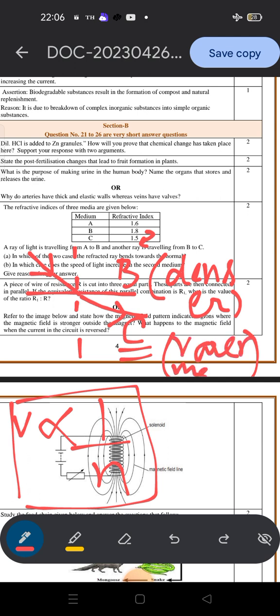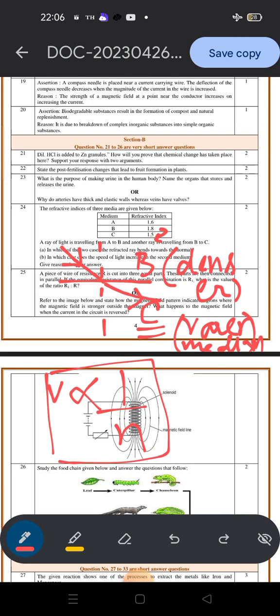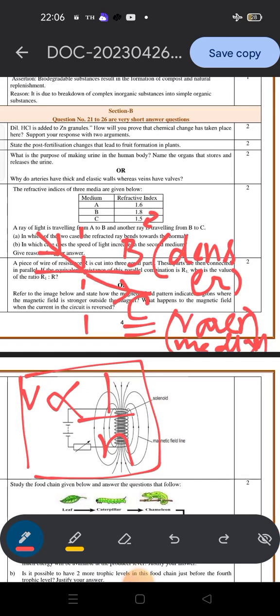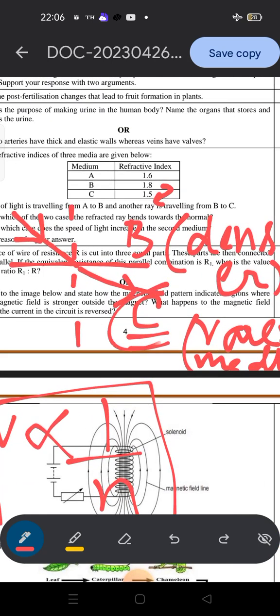So in a rarer medium, speed of light will be more, or speed of light will be more in that medium whose refractive index is less. Therefore, in case B, whenever the ray of light travels from B to C, the medium C becomes the second medium, and the speed of light in the second medium increases.